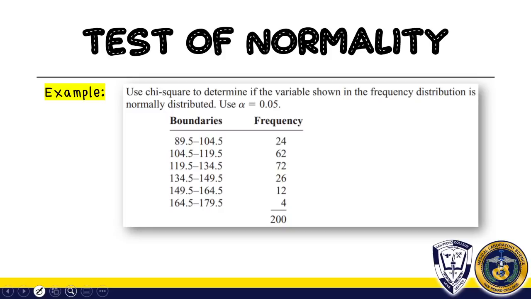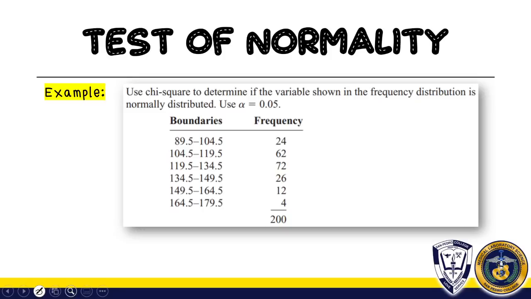So let's go step-by-step, because again what is important here is to get the observed and the expected. If you are given this certain example, how do we know what is the observed and what is the expected? Before we are able to use your MegaStat, we have some things that we need to do first.